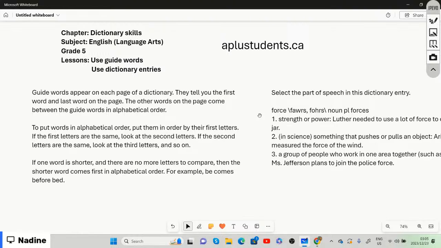Sometimes they even give you the pronunciation of the word. So there are different guides when it comes to dictionary skills. Even if you look up a specific word, they'll describe certain words based on that.